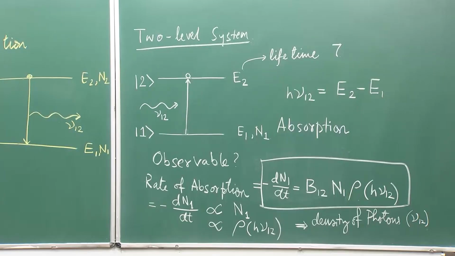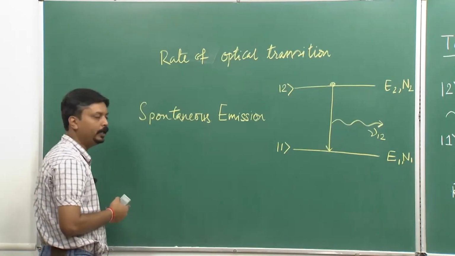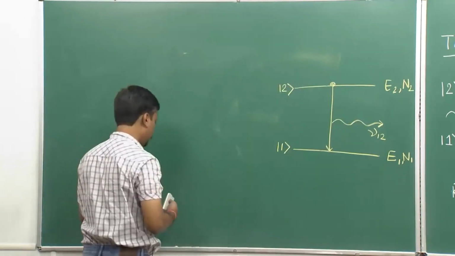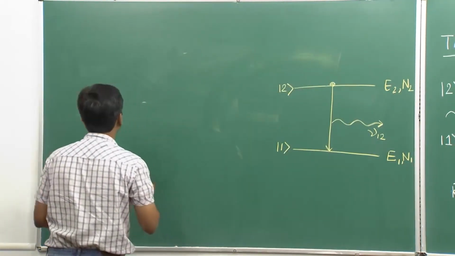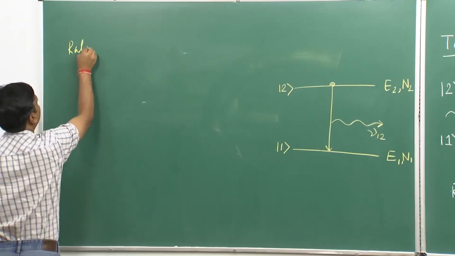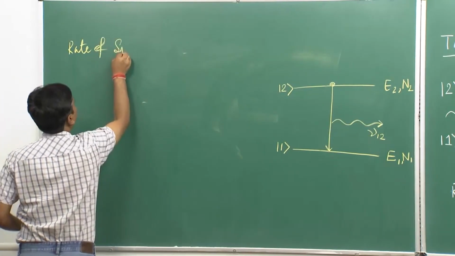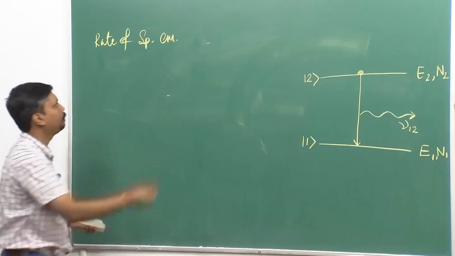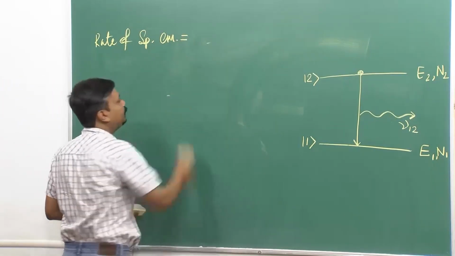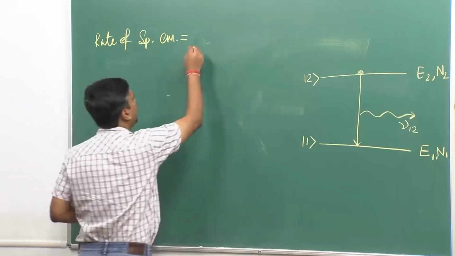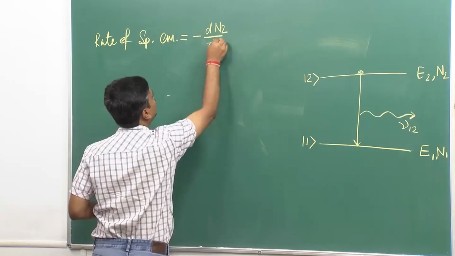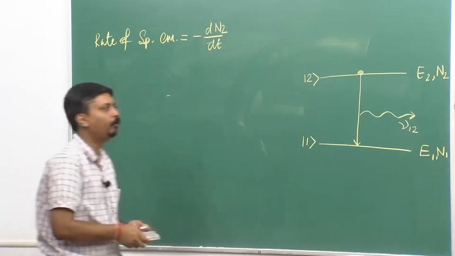Now let us find out what is the rate of spontaneous emission. Here we have the picture for spontaneous emission. So we have to find out the rate of spontaneous emission. This one I can write in a differential form as minus dN2 dt, in a very similar way as we have done it for absorption.